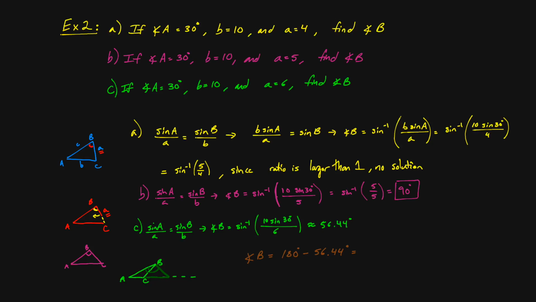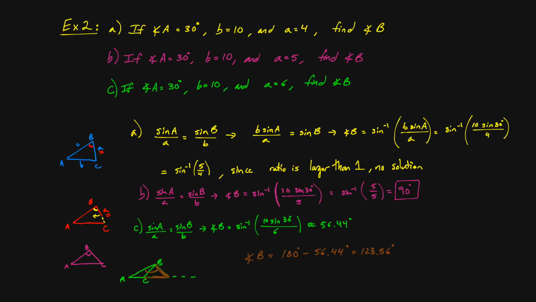And that gives you 123.56 degrees. And that actually could be the other angle. And I'll do this in brown, I guess, to coincide with my work. Sorry, I keep changing colors on you. But that's actually our other angle. So there's two triangles or two angles that could exist for part C.